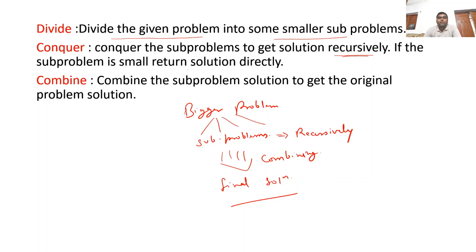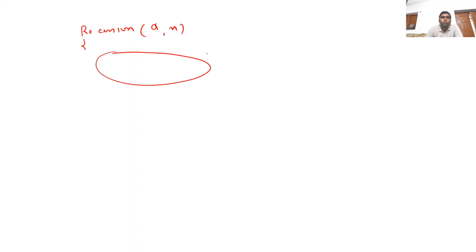So what is recursion in that? Recursion means some sort of function calling itself. Let us suppose this is a recursive program, sum(a, n). There are two things in recursion.